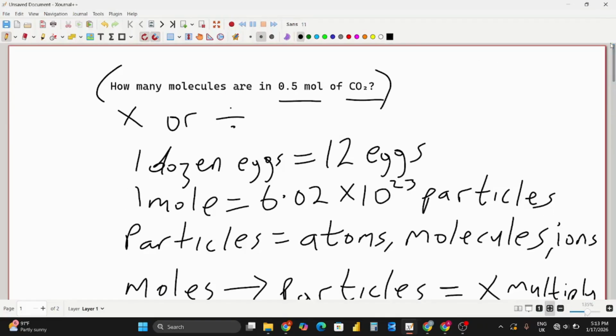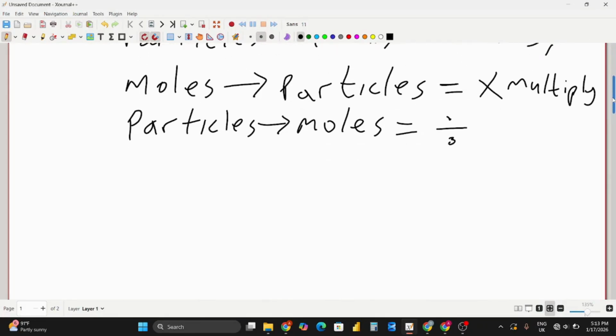0.5 mole of carbon dioxide to its number of particles. So with everything said, all we have to do is to just multiply, because we are going from moles to particles.